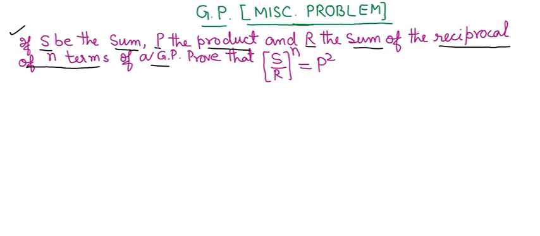As we know, the GP may be represented like this. First term is a, second is ar, third one is ar square, fourth one ar cube, and so on up to ar raised to the power n minus 1.